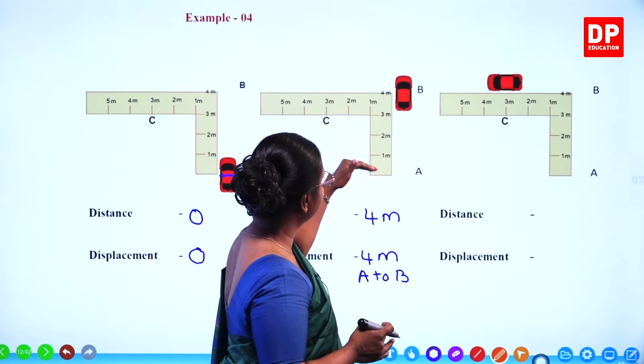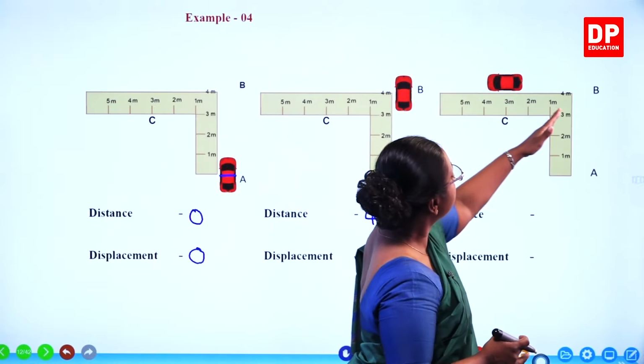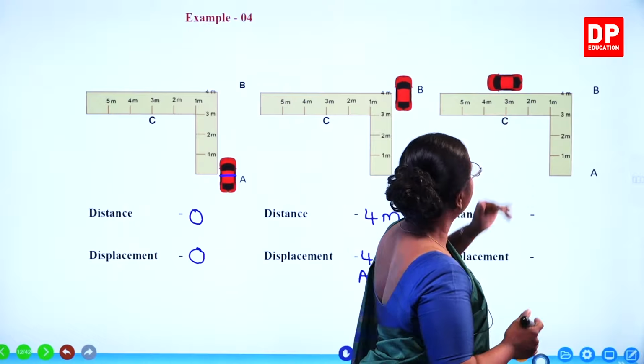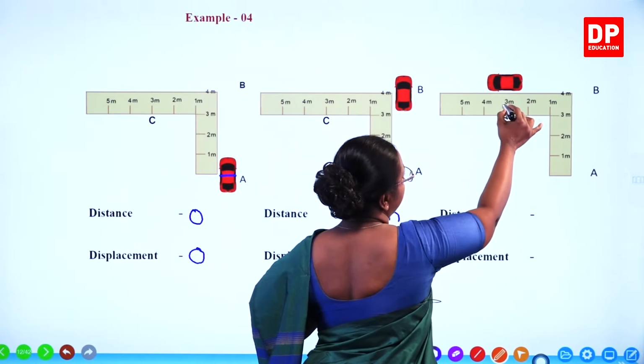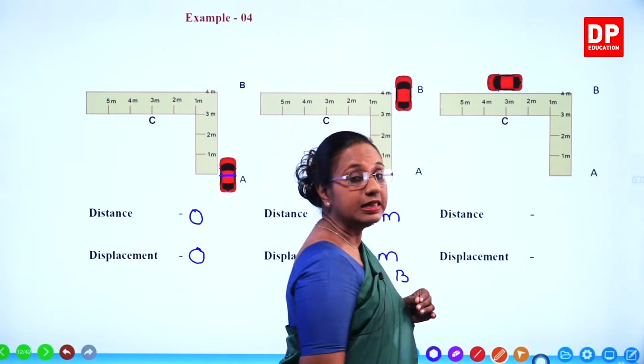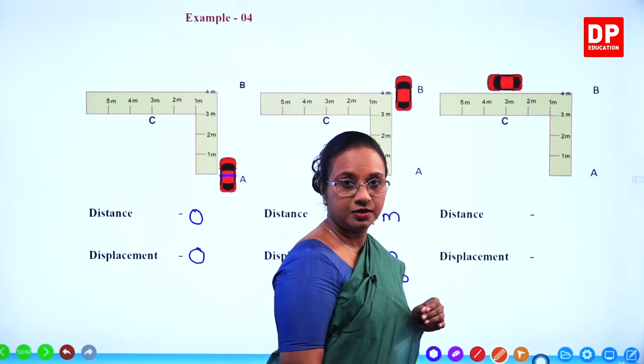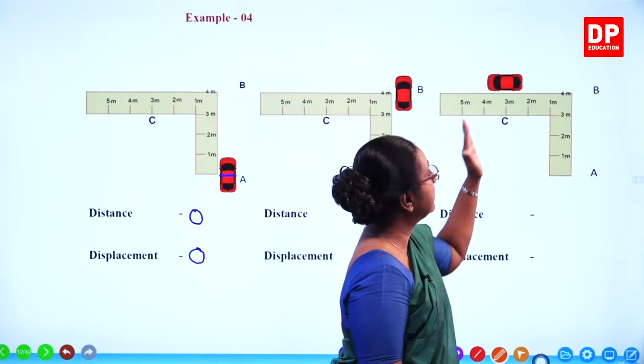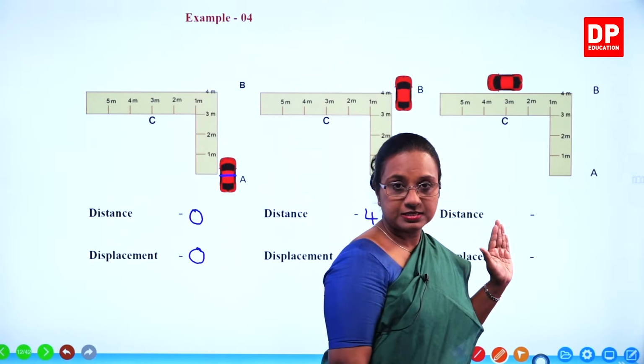The car travels from A to B and from here B to C. Now at this point, the midpoint of the car is along with the 3 meter mark. So the distance travelled from B to C is 3 meters.